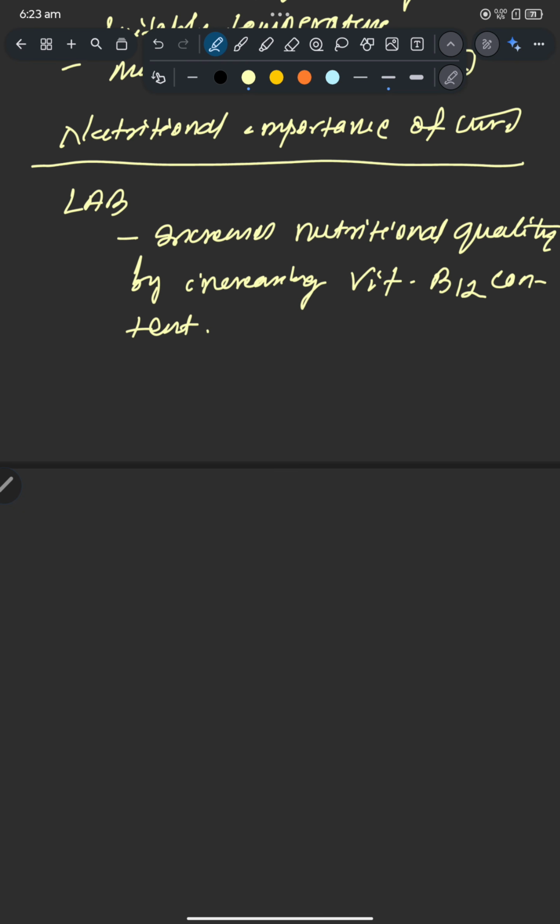It is also the role of LAB that is done in the stomach.